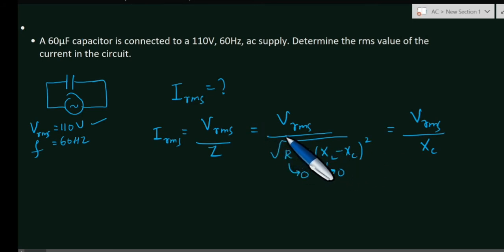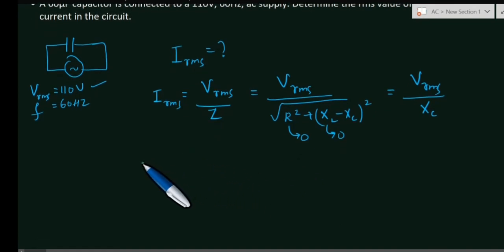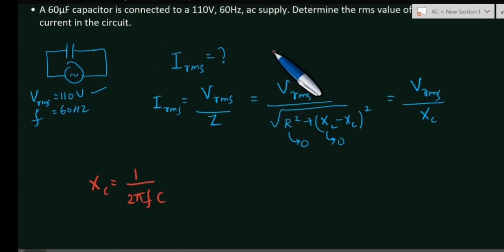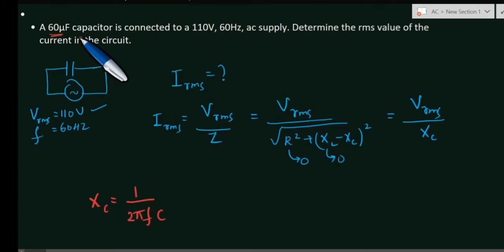The formula of XC we can write, that is XC is equal to 1 divided by 2 pi f into C. So f value is given, C value is also given. The value of C given here in a question is 60 microfarad. So C is equal to 60. Micro means 10 to the power minus 6 farad. So we'll substitute both the values in the equation.